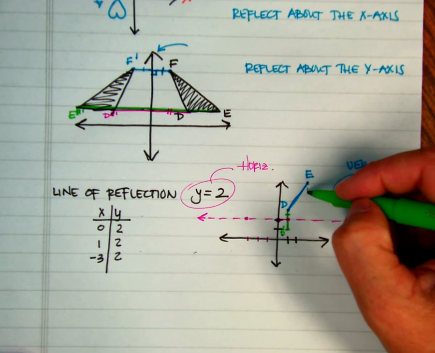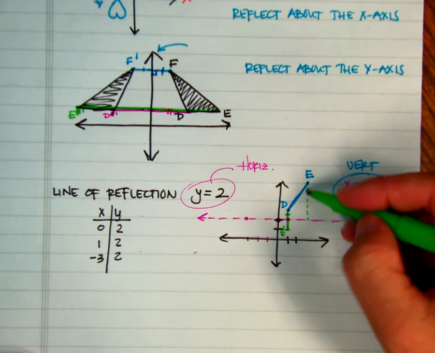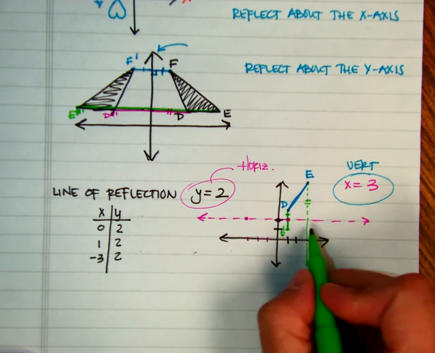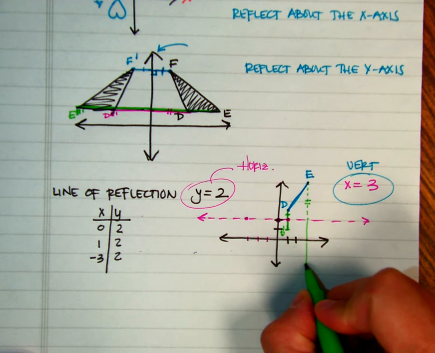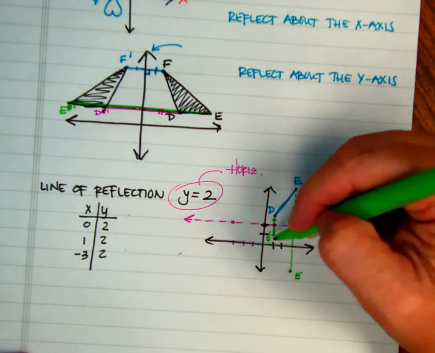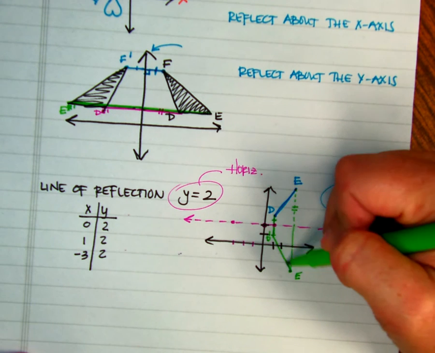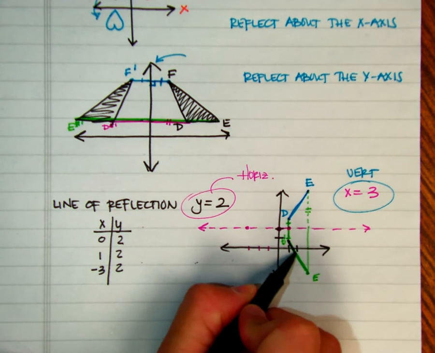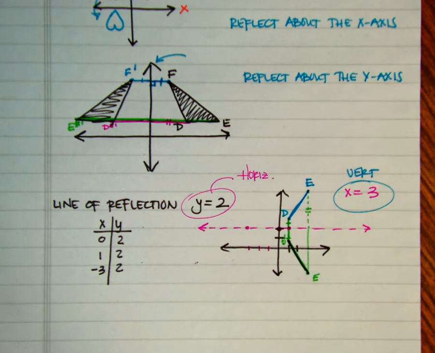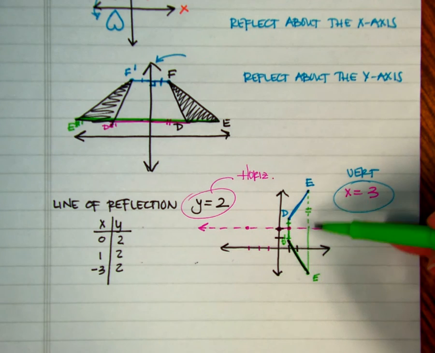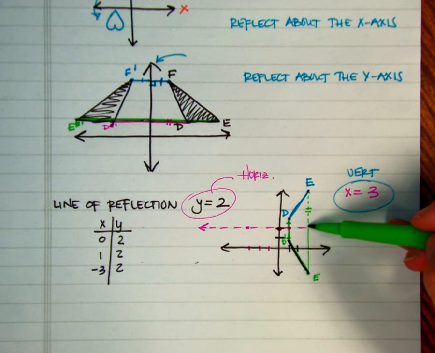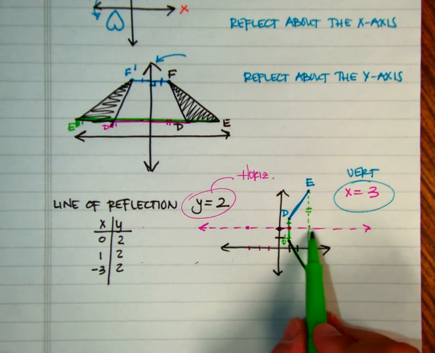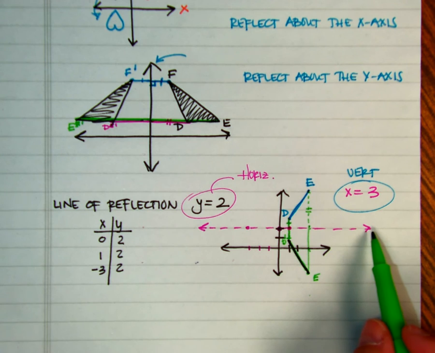Let's say that E appears to be about 4 units. It would have to be 4 units this way as well. So this would be my reflection. The most common error is people will count like 4 units away here, but actually take the 4 units back from an axis and not from the actual line of reflection. Okay?